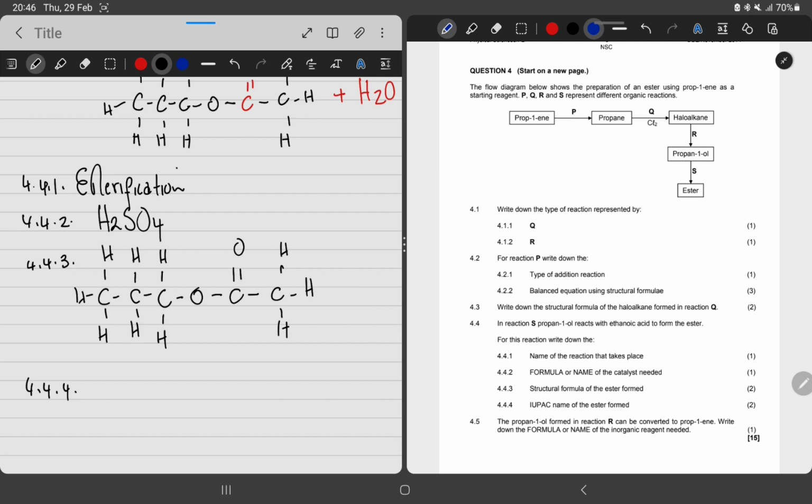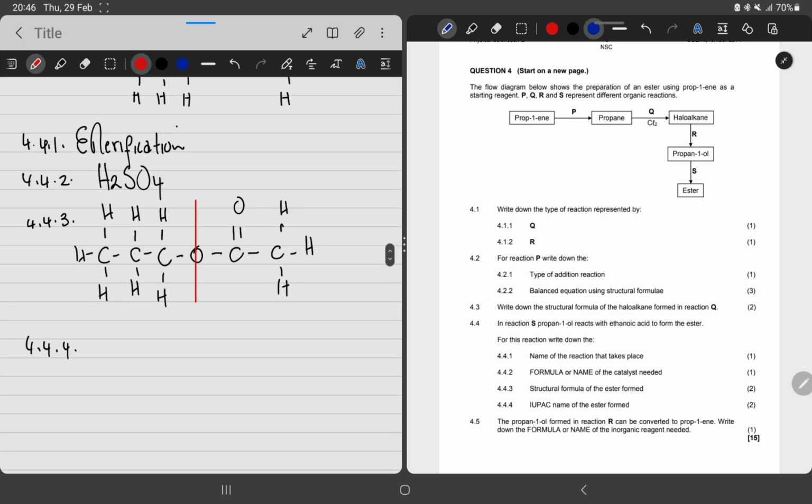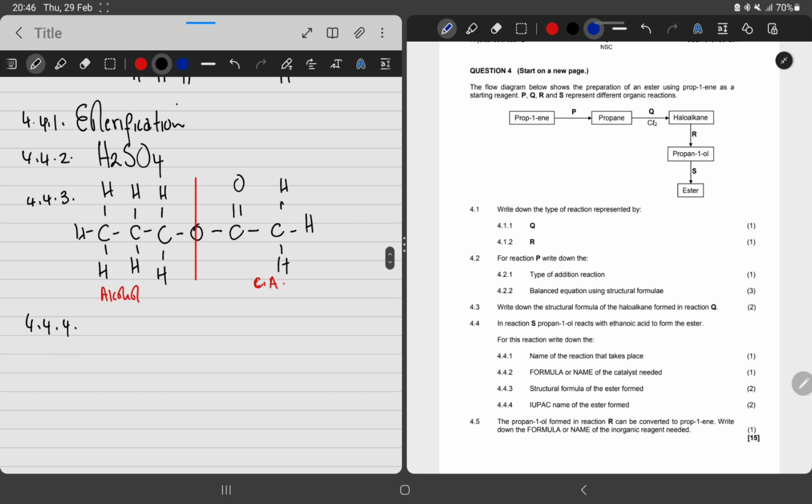4.4.4 the IUPAC name of the ester formed. So the way that we do this, we're just going to divide that ester into 2. You remember this part, it comes from the alcohol, and then this other side comes from a carboxylic acid. So the way that we name this, how many carbon atoms do we have? We have 3.